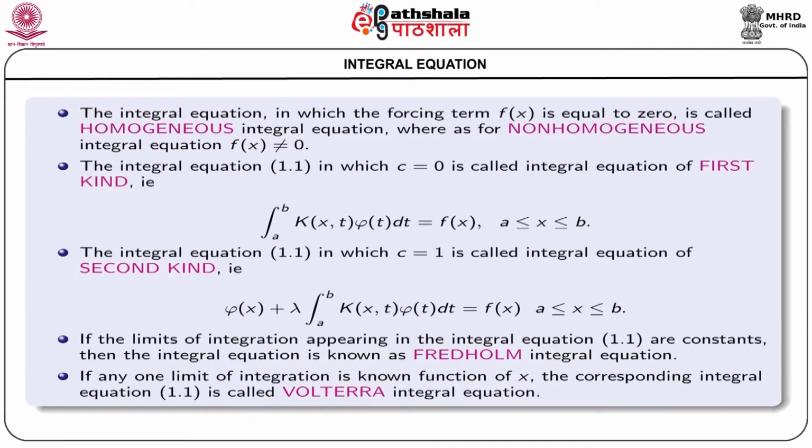So, in a second kind integral equation, phi x appears freely apart from being under the sign of integration, whereas in a first kind integral equation, the unknown function phi t appears only under the sign of integration.